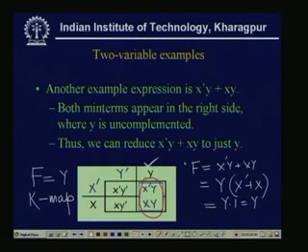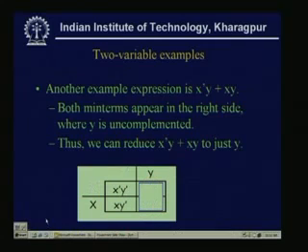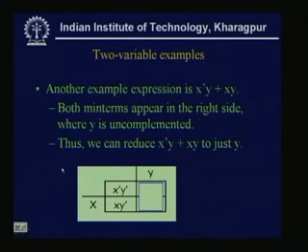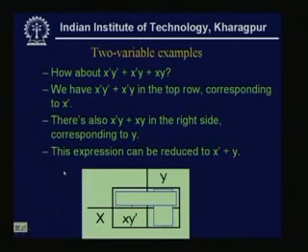So, from applying the theorems or postulates, we are also getting f equal to y, and from the K map also I can easily see that f equal to y. So, x dash y plus x y reduced to y. Now, what about x dash y dash plus x dash y plus x y?